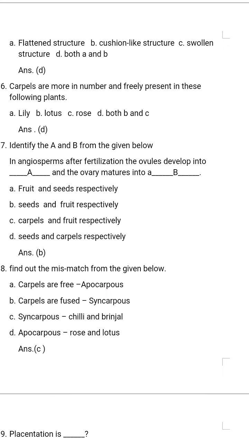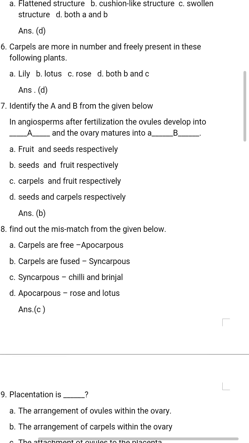Next, seventh question. This is one important new method of asking questions for competitive examinations. So now let us discuss this question. Identify A and B from the given options. So we need to fill the blanks A and B with the correct options. Let us see the question.